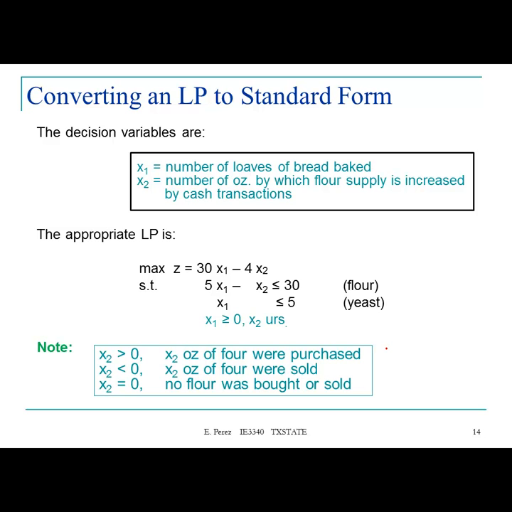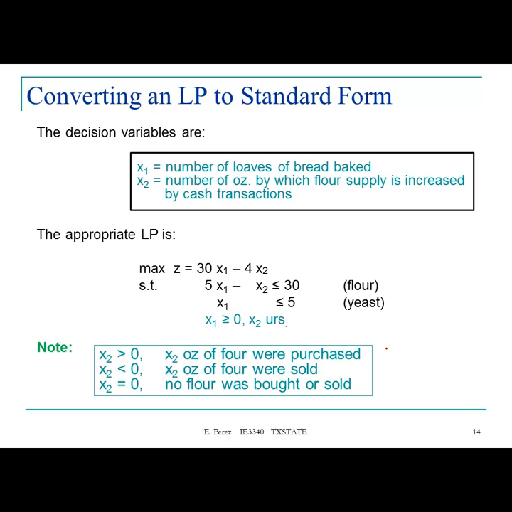But if you sell the leftover, then that will be a negative value, making this portion of the objective function positive. That will increase your revenue. Now, X2 equals 0 means that the flour was not bought or sold. Nothing happened. You just used the material that you had available.